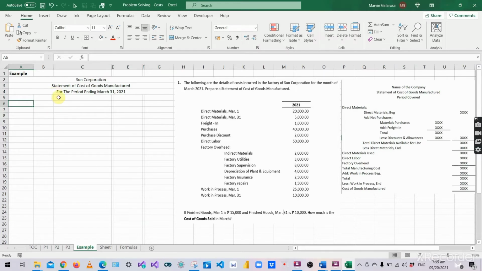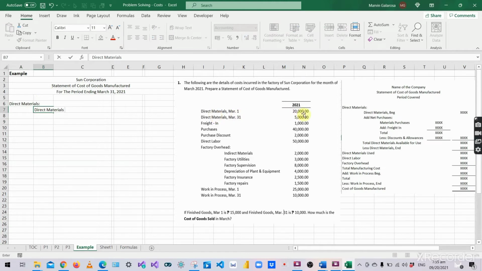Una mong kukumputin is yung direct materials use. Ang formula niya, direct materials beginning. Sa example natin, yun ay March 1.